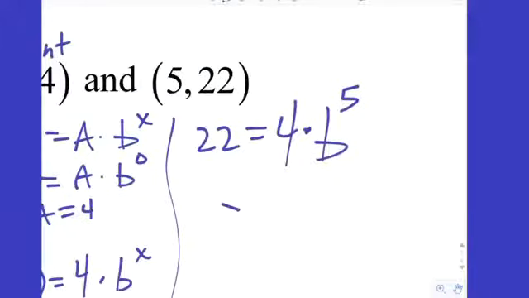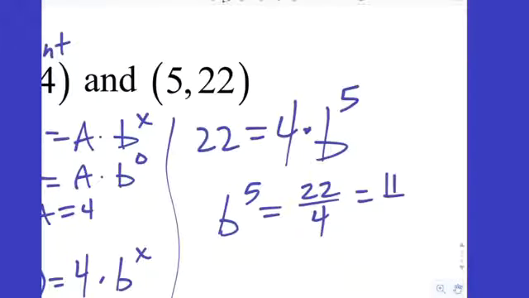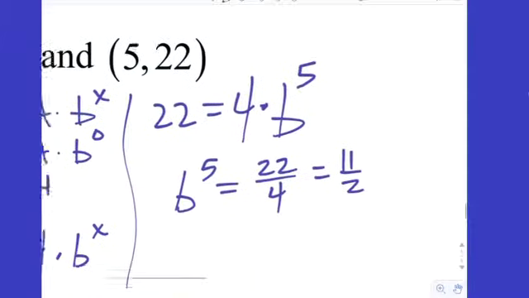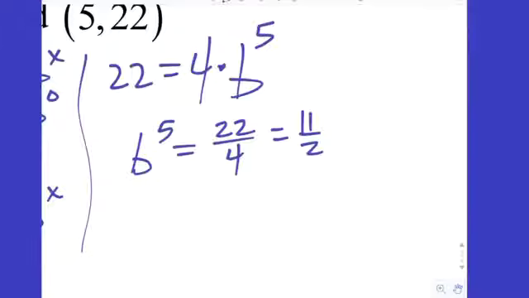I'm not going to show that. We'll just go straight to the answer on the next line. b to the 5th then is equal to 22/4, or what? 11/2. That's a better version of it. Now you either take the 5th root of both sides, gross, or raise both sides to the what power? 1/5.